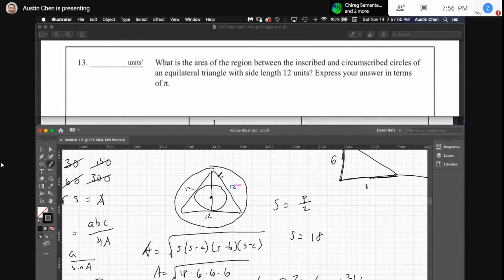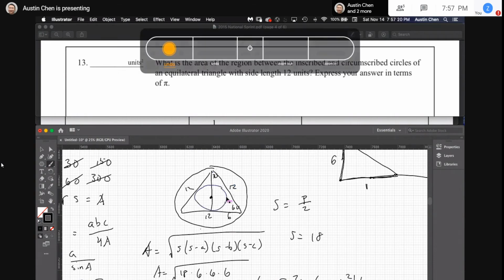So we know that this is 30, this is 60, right? So then we know that this side is 6, so then this total side has to be what? 6 times root 3? Actually, see, that's not the best way to do it, is it?